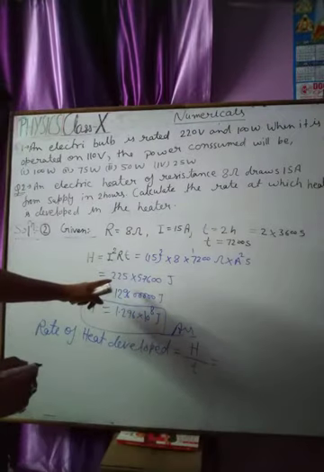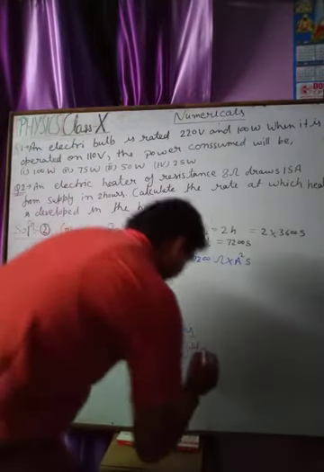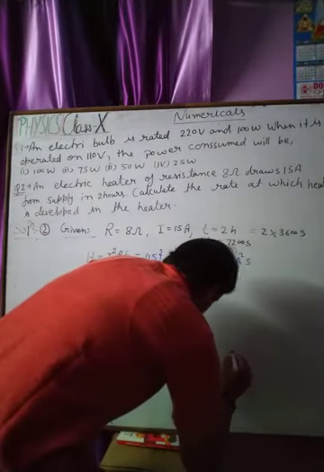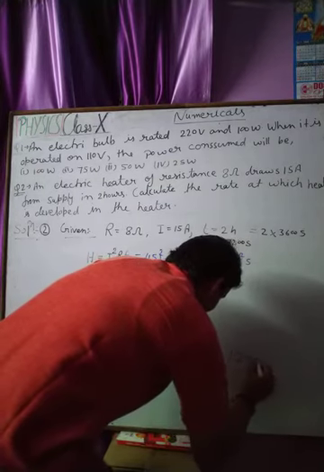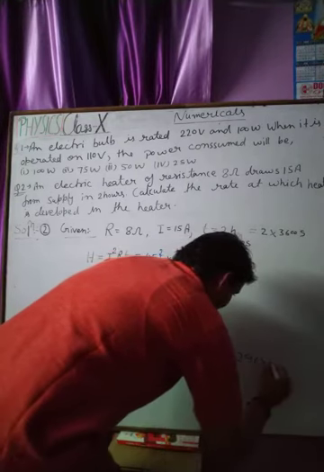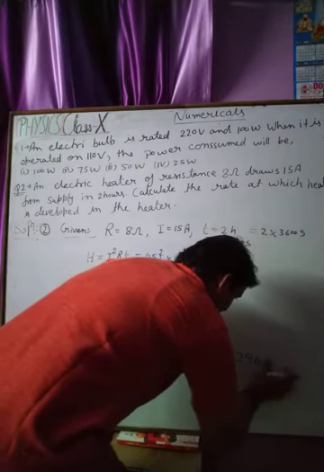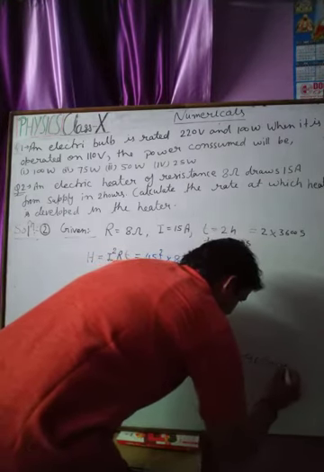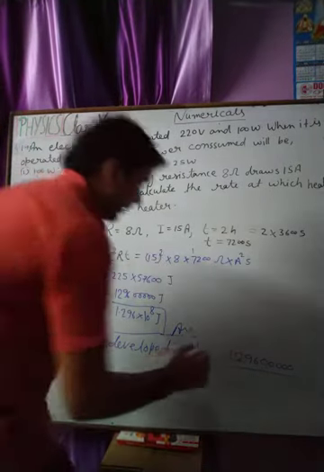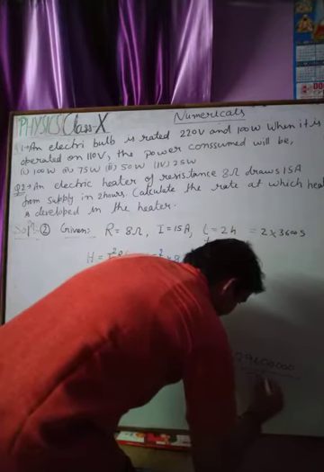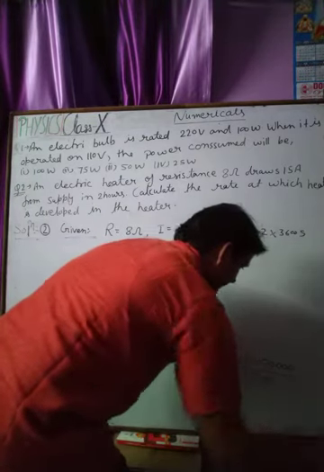we take it from here, students, that is 1.296 into 10 to the power 7 upon time. We have 2 hours, which means 7200 seconds.